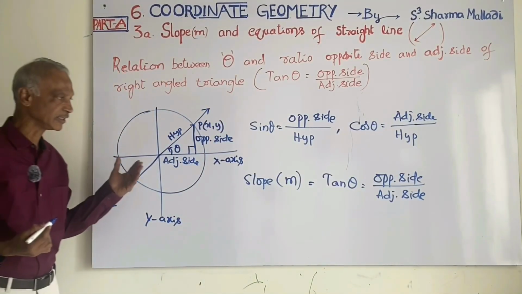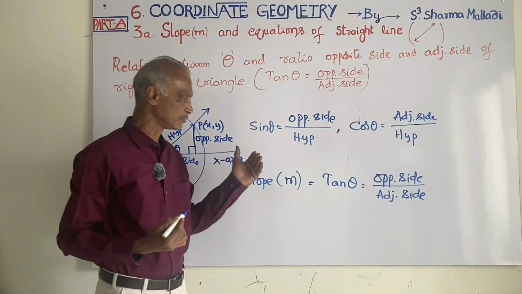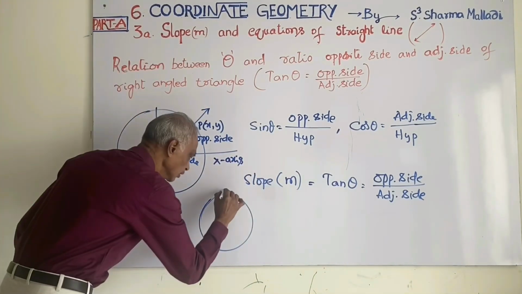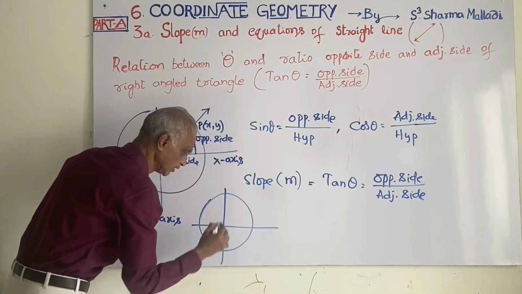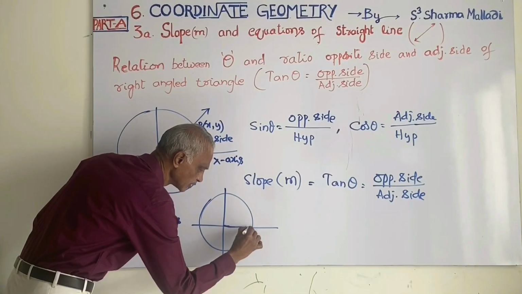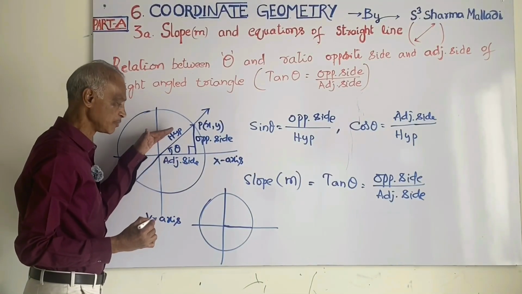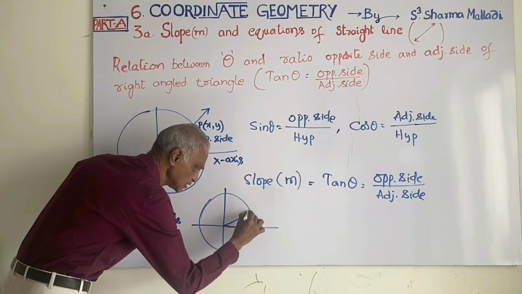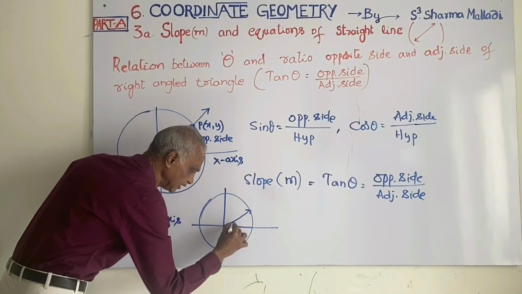Slope m is equal to tan theta, which is equal to opposite side by adjacent side. I will draw. Already I told you, when the angle between the adjacent side and the hypotenuse is 0, the slope is 0, and we will raise the angle by 30 degrees.